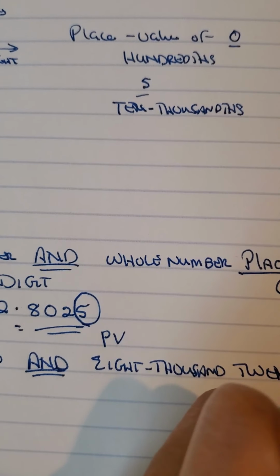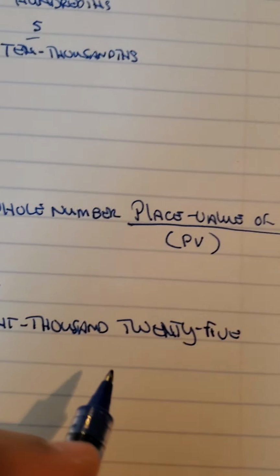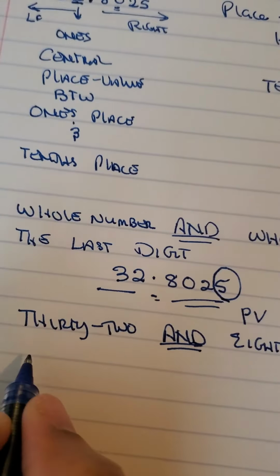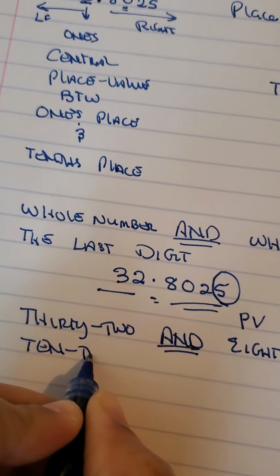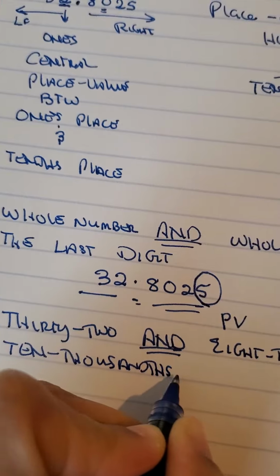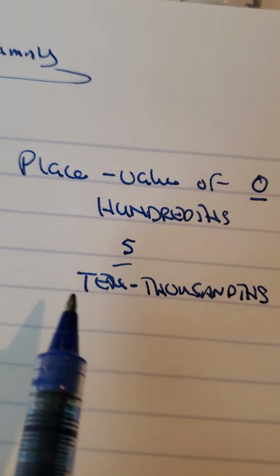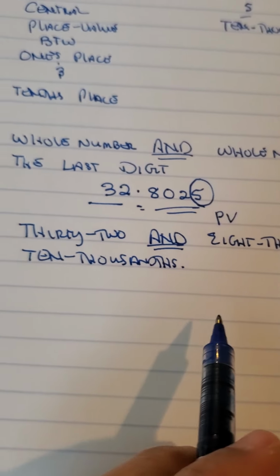And the place value of the last digit, 5, is in the 10,000ths spot. That's why I was setting you up. You see, you even have to know your place value, 5 in the 10,000ths spot, to even write your decimal in words.